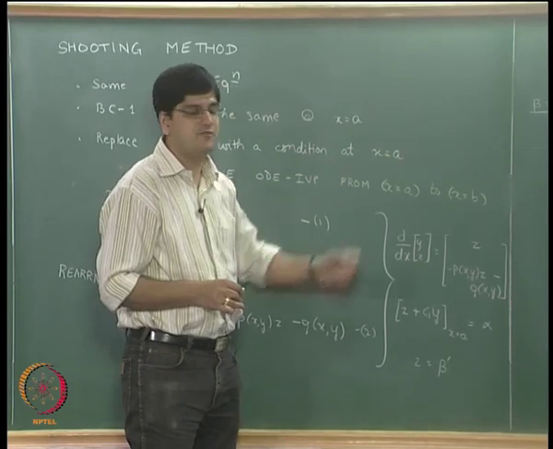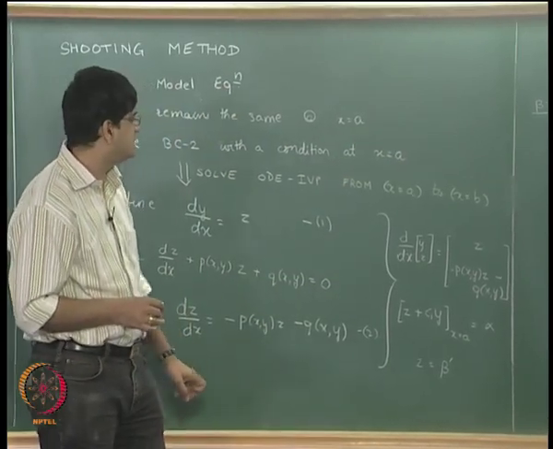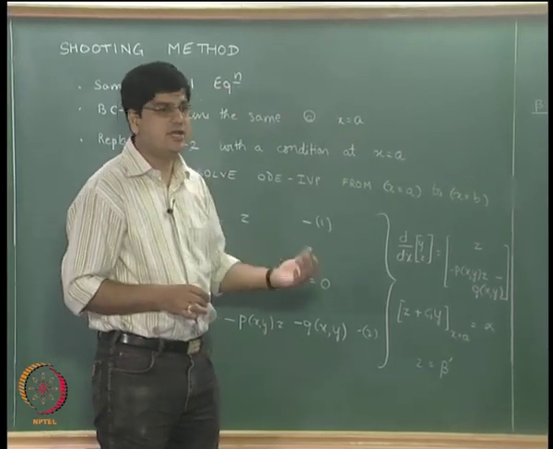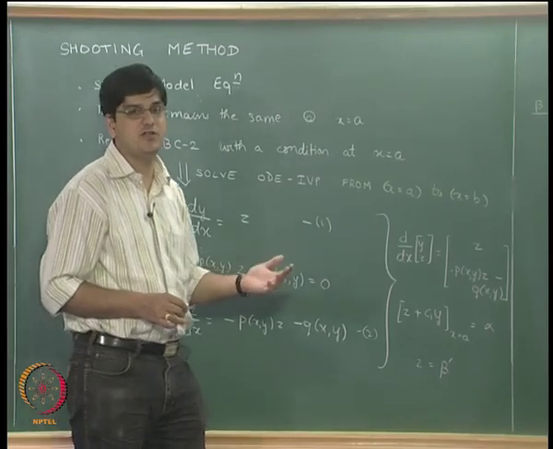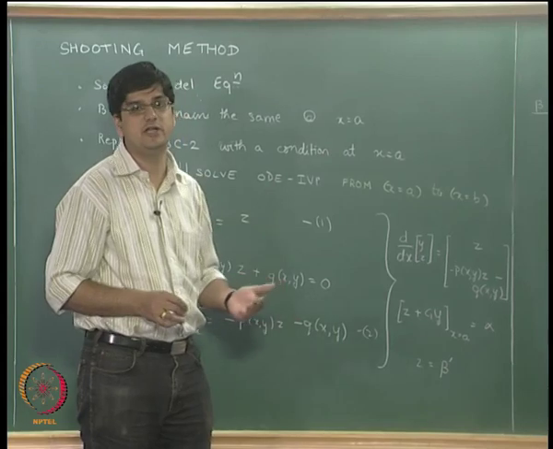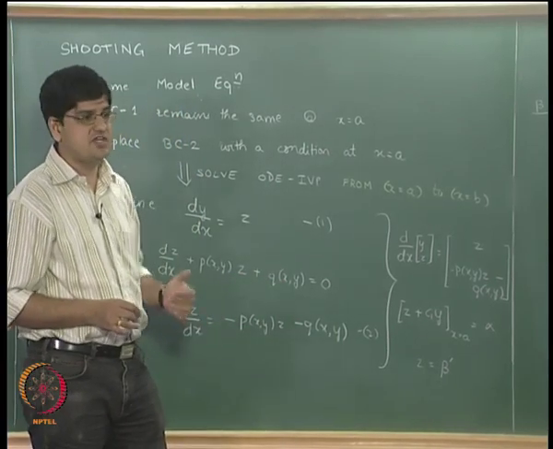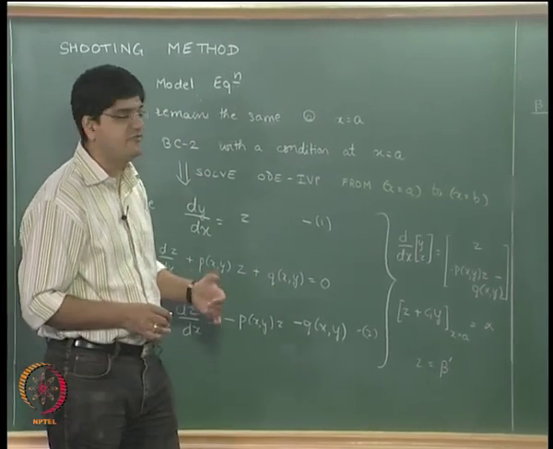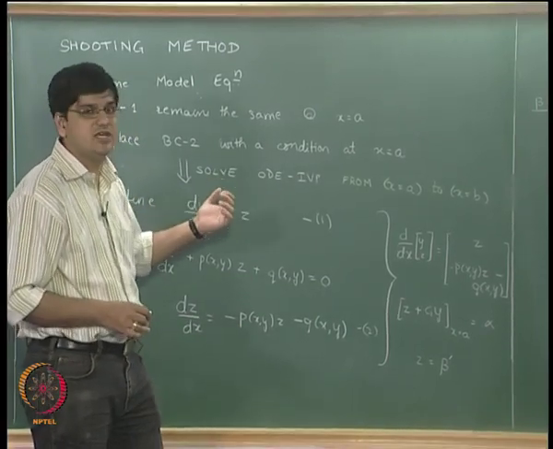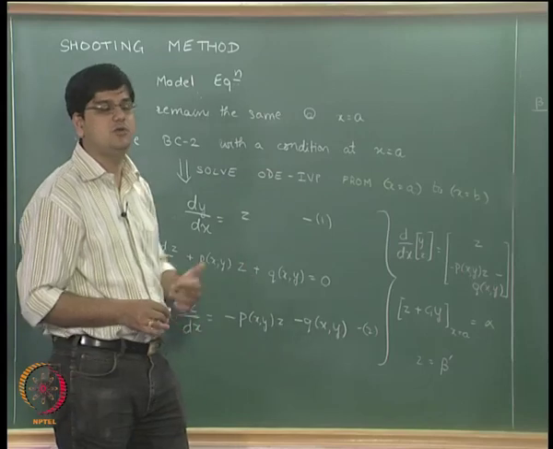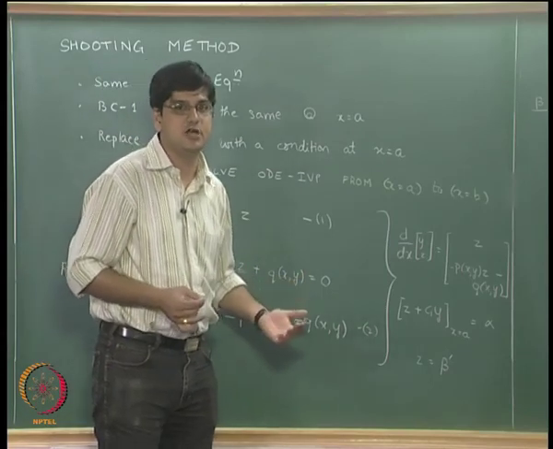With the initial value problem as specified here, we then go on to solve this particular problem using any of the initial value problem solution techniques we covered in the previous module. We check how far we are from meeting the boundary condition BC2. If we reach the boundary condition BC2, we stop our procedure and that is our solution.